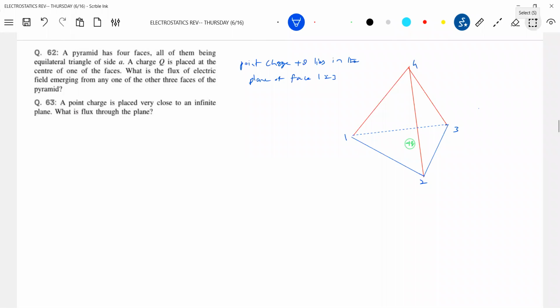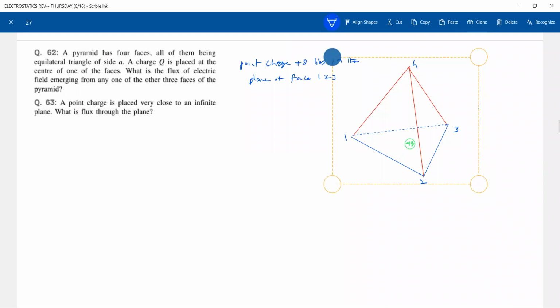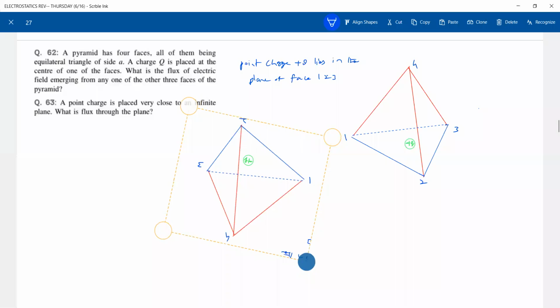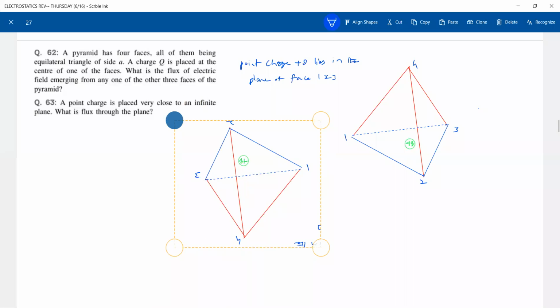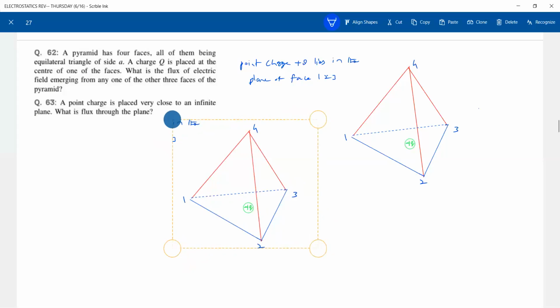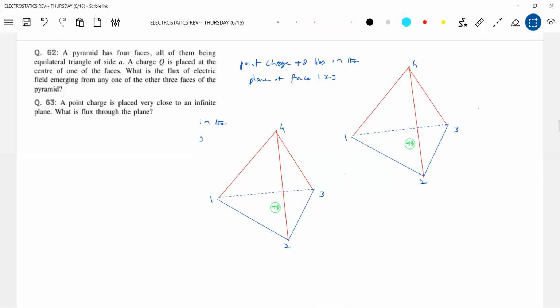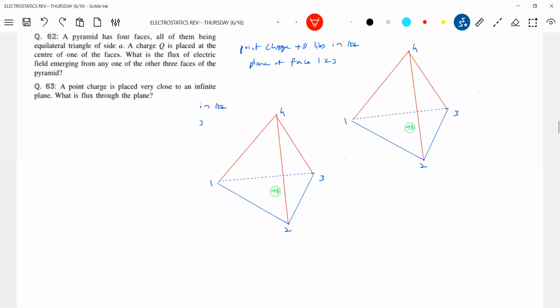The best thing is, I'll bring one other symmetric pyramid below. If you assume one more symmetric below, the problem will be solved.